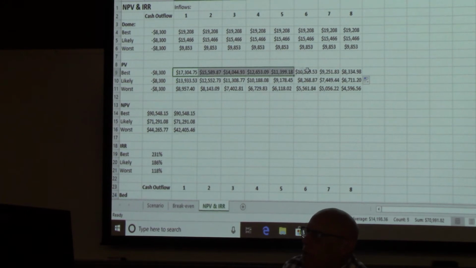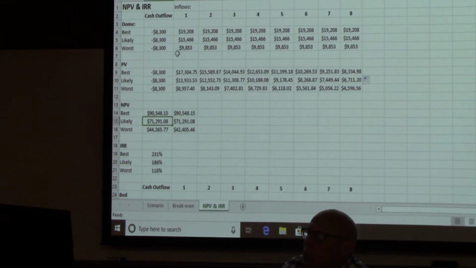So under the base case scenario, the net present value is equal to the sum of the inflows, C9 through J9, plus B9, which is plus a negative 8,300. We can also use the NPV function in Excel: we put our discount rate there, then the cash inflows, and then we have to add the cash outflow.